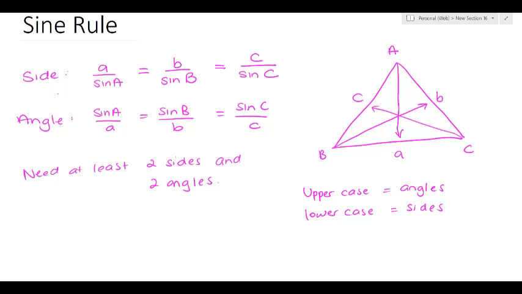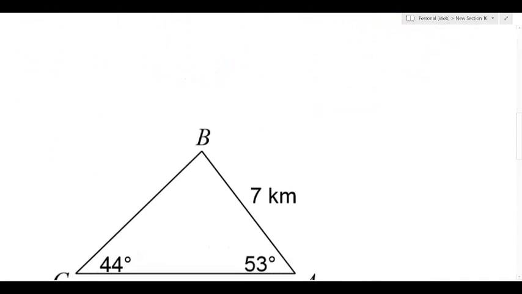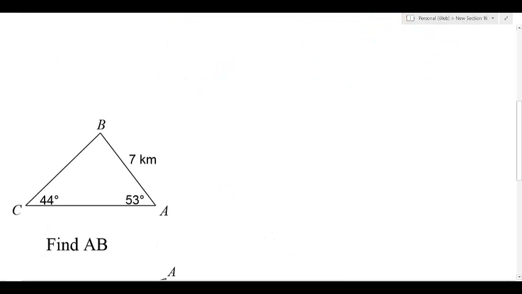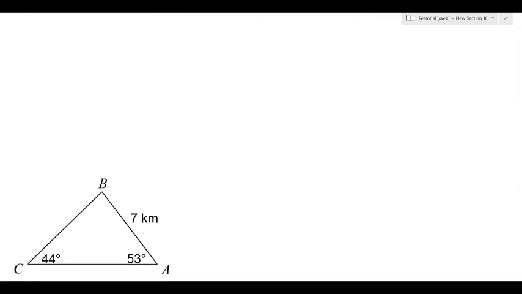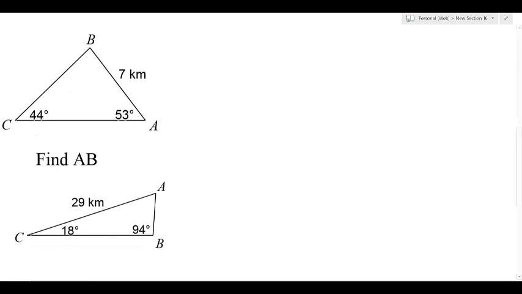We'll start by solving the first question. If you scroll down, this is our first question. I should label it number 1. We're going to solve for BC.